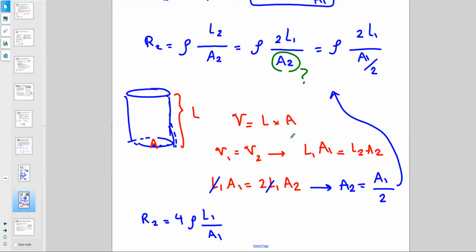We know it from here. It's R1. So in other words, R2 is 4 R1.